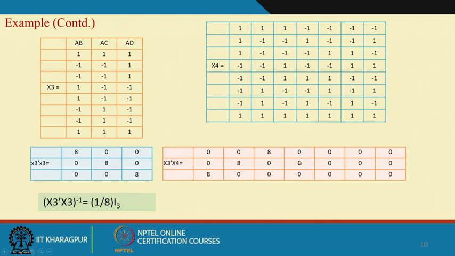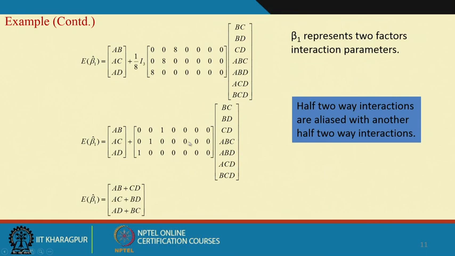In the same way, if you find out the alias structure, you will get the alias structure of this, and when you find the expected value of the interaction parameters, where beta m represents two-factor interaction parameters only, ab, ac and ad here, we have not considered bc, bd and other things, let it be, we have considered only these three. So then you are getting the expected value of ab as beta 1.